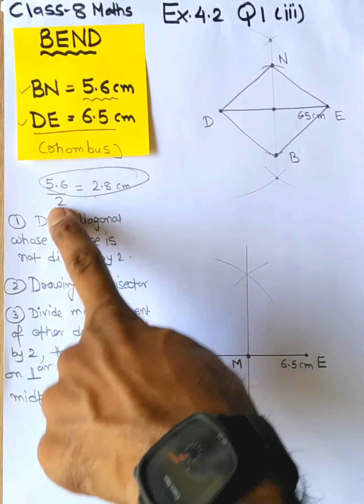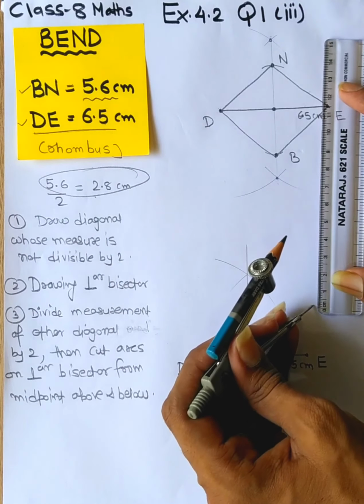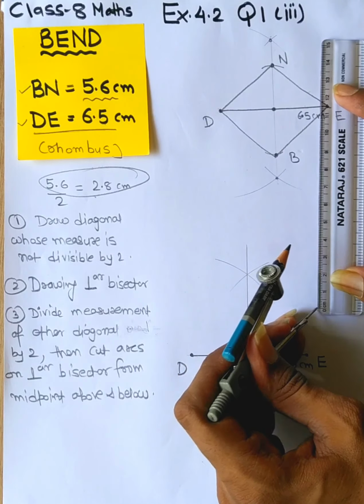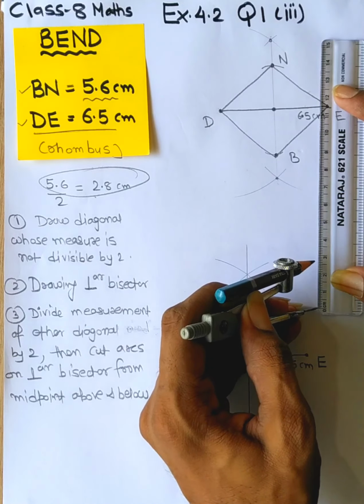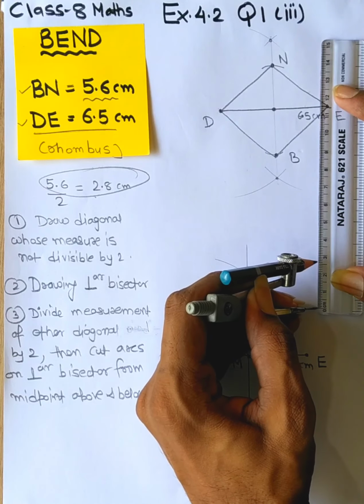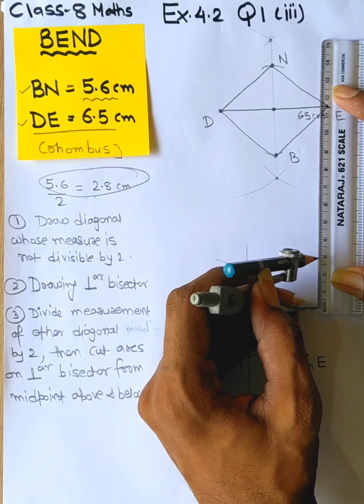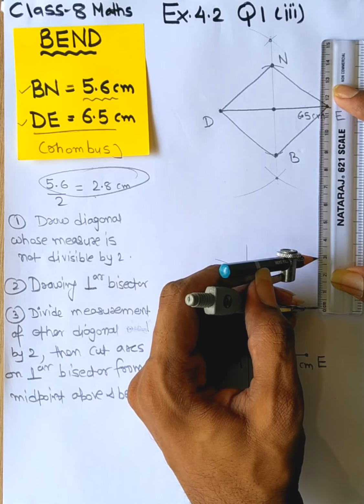So 5.6 by 2 is 2.8. So let me take 2.8 on my scale. Now this is very important as it is not an easy measurement. So 0, then 2.5, then slowly 2.6, 2.7, 2.8. Okay, you may confirm it. This is 2 divisions less than 3.